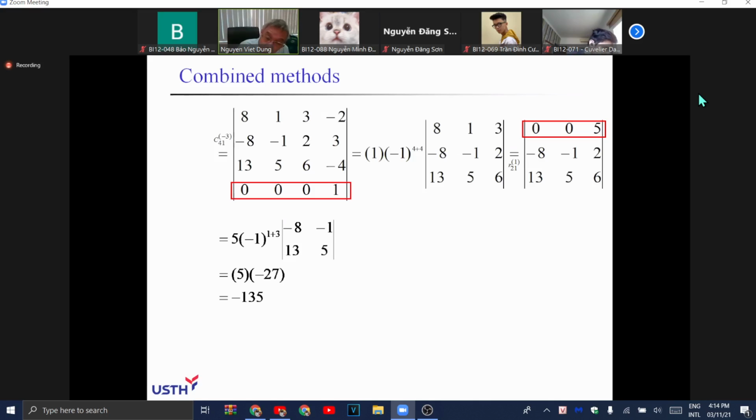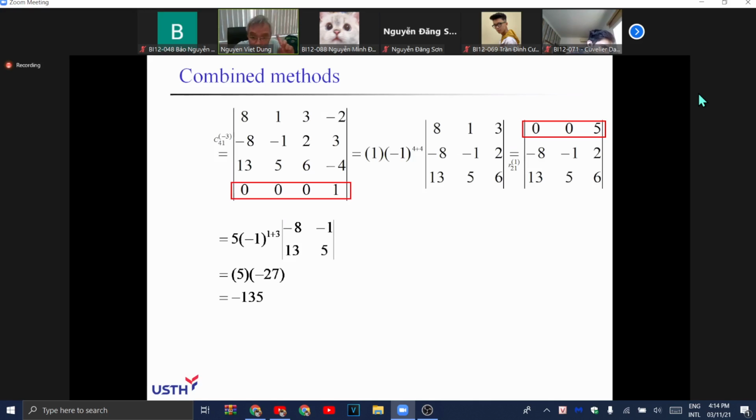If you look back from the very beginning, we have a 5 by 5 matrix, not so easy to compute the determinant. But the first one, you apply a row operation. Then we apply the cofactor expansion. Then once again we apply a column operation.